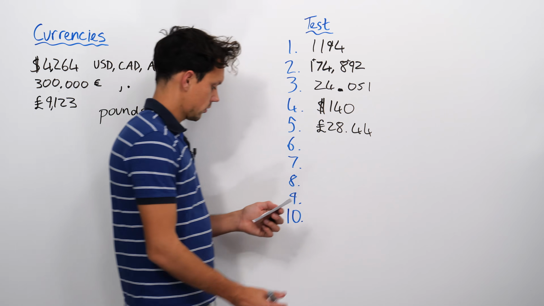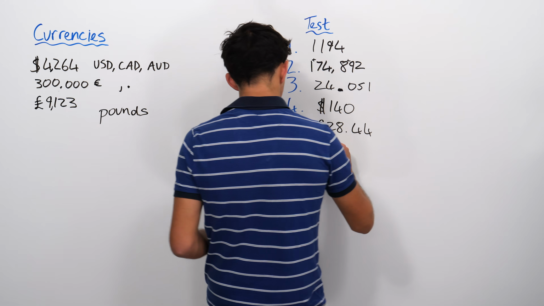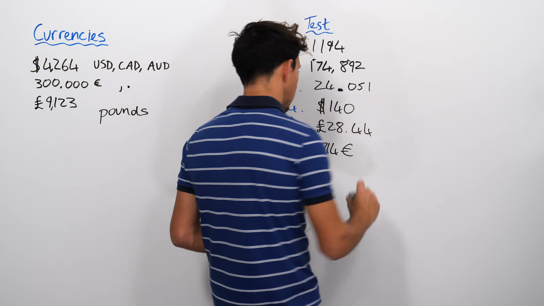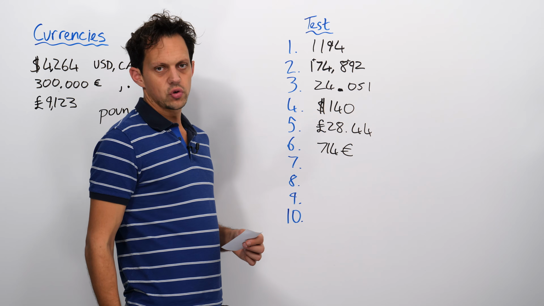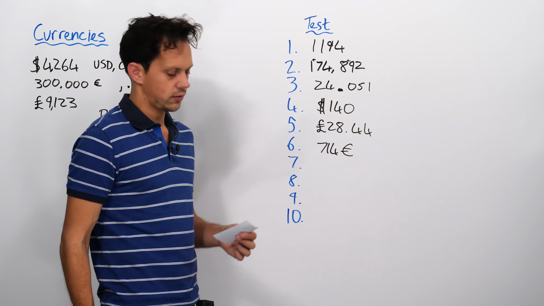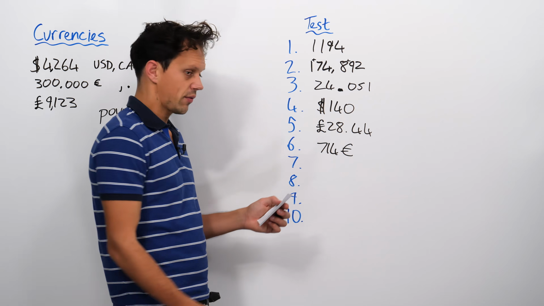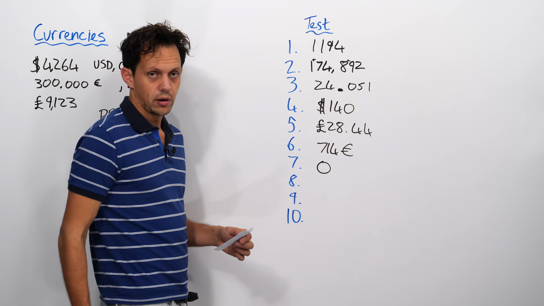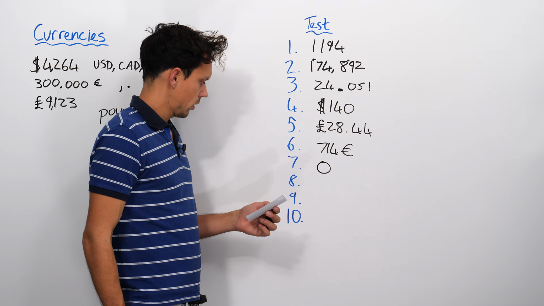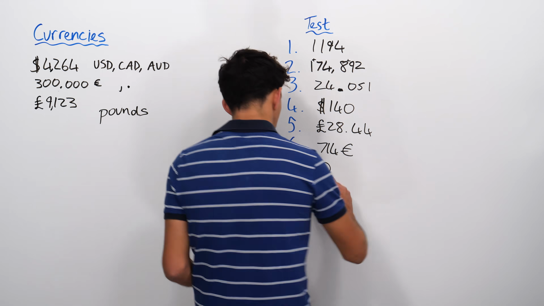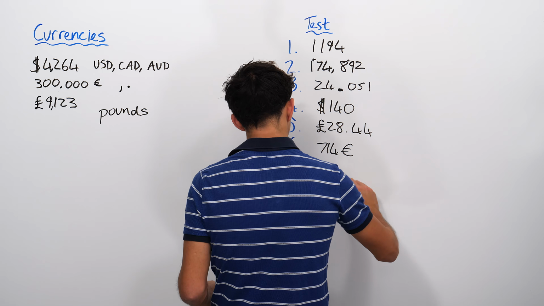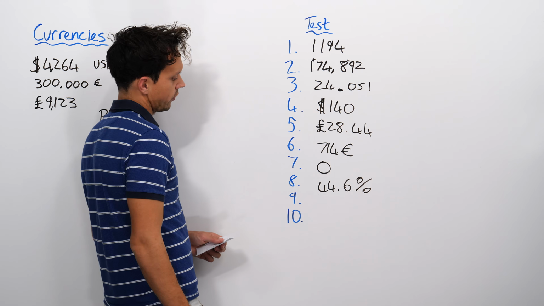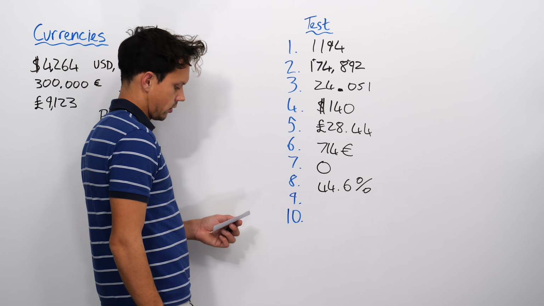Number 6 was 714 euros. Number 7, naught in the British system, 0 in American. Number 8, 44.6% out of 100.